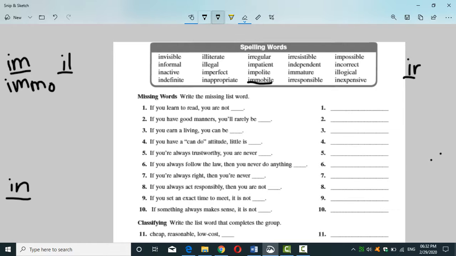The quality is not good, I know. Mobile. Just pay attention to this one. Immobile.